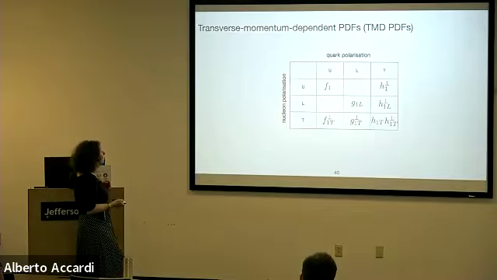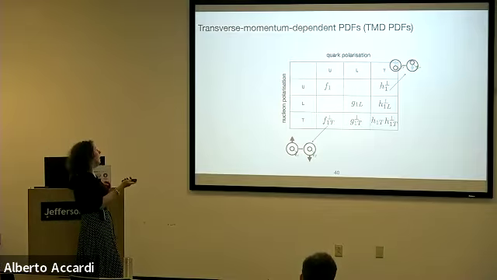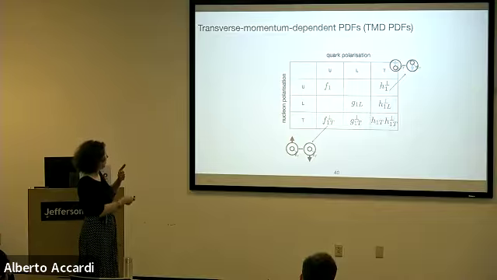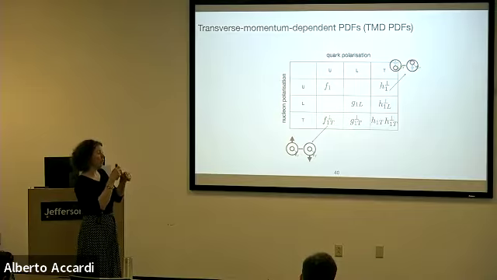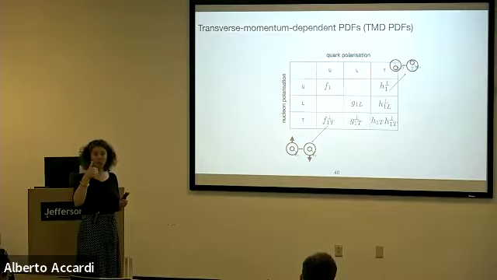And then you can also look, for example, at the distribution of transversely polarized quarks in an unpolarized nucleon, and you then actually probe the correlation between the transverse spin of your quark and its transverse momentum.